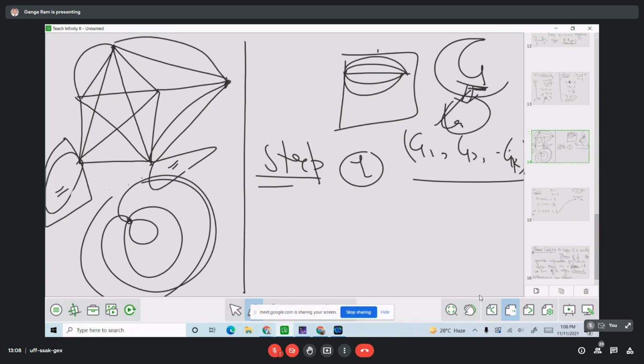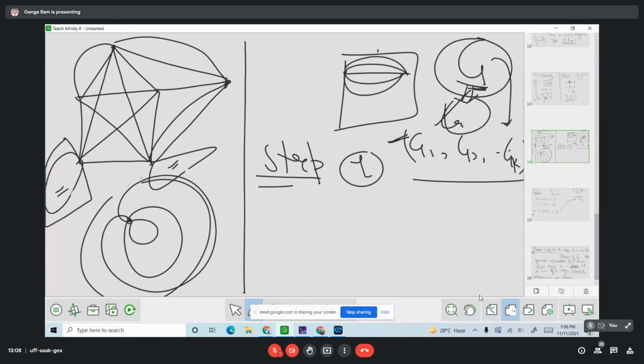Then how to check whether this graph is planar? First we will check all components. To check the planarity of this graph, we will check the planarity of each component.